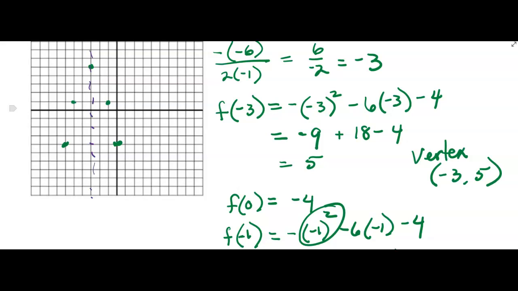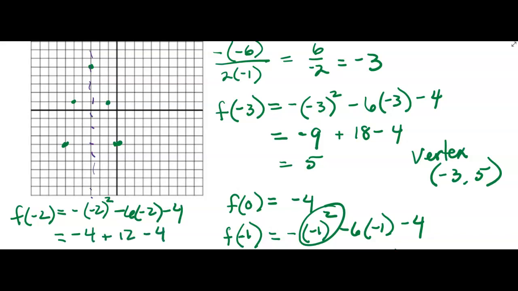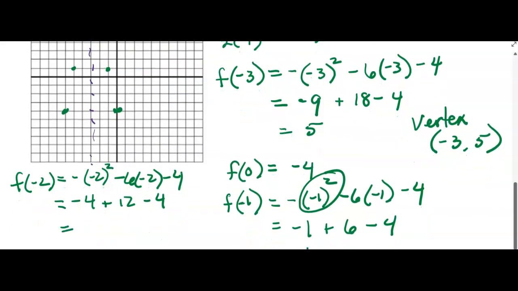But this is fine. If you want to put in negative 2, you can. F of negative 2, just so I can see. So I'm plugging in a negative 2, lots of negative signs. So I get negative 4, plus 12 minus 4. So what's that? A negative 8, and I get a positive 4 out of it.